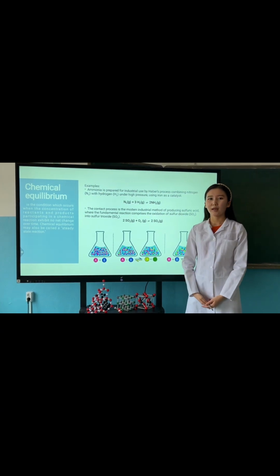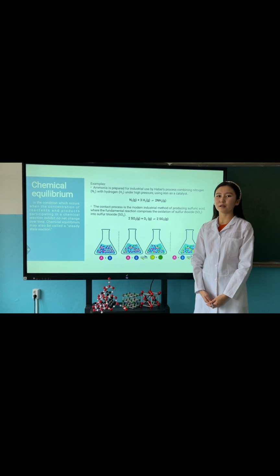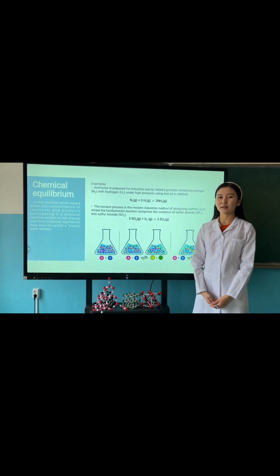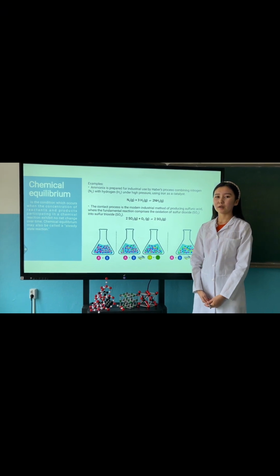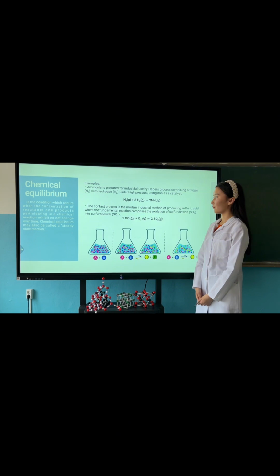Chemical equilibrium is a condition which occurs when the concentrations of reactants and products participating in a chemical reaction exhibit no net change over time. Chemical equilibrium may also be called a steady state reaction.